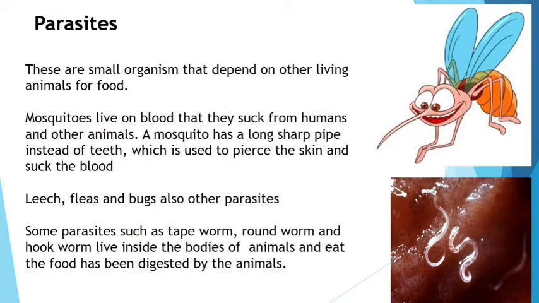Leech, fleas, and bugs are also parasites. Some parasites, such as tapeworm, roundworm, and hookworm, live inside the bodies of animals and eat the food that has been digested by animals.